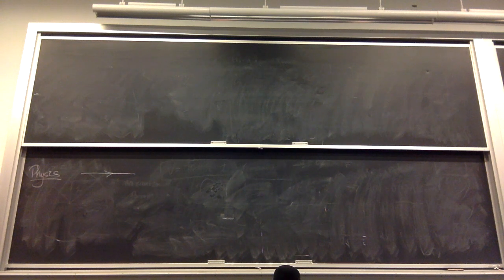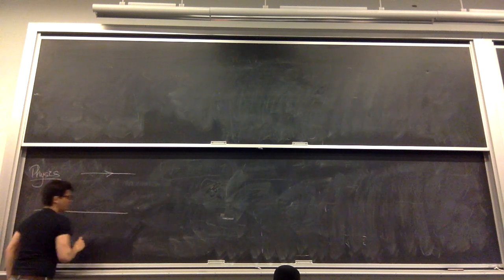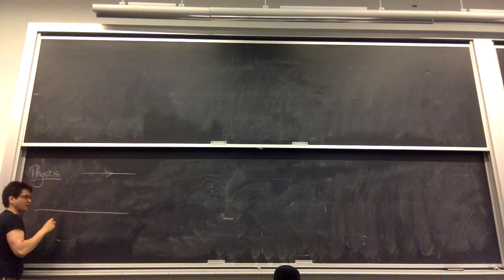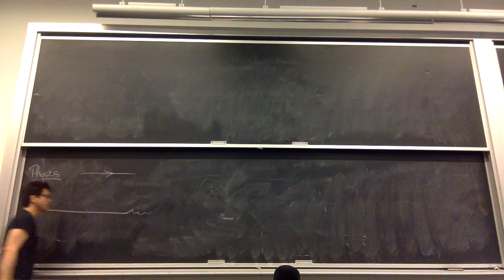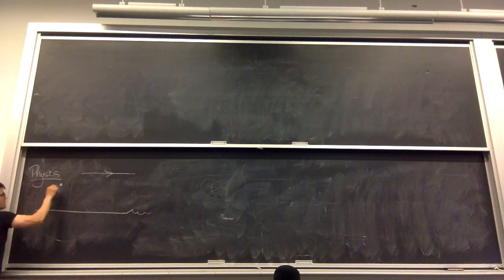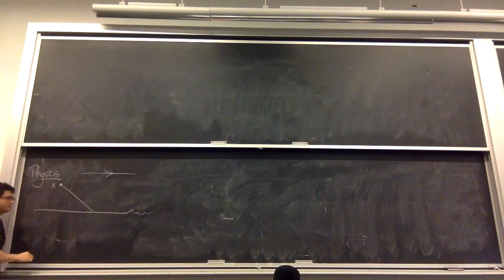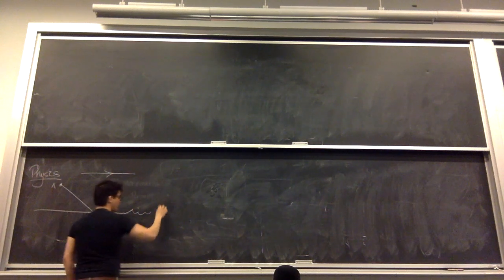So when light goes from one medium to another, like air to water, the light actually, okay, let me do this here. This is the surface of a swimming pool. This is water. So if you shoot a beam of light from this point A, it's going to hit this water. There's going to be a change in medium.